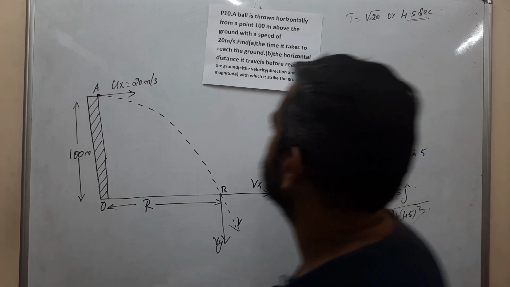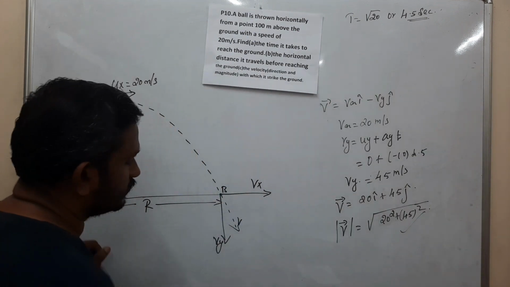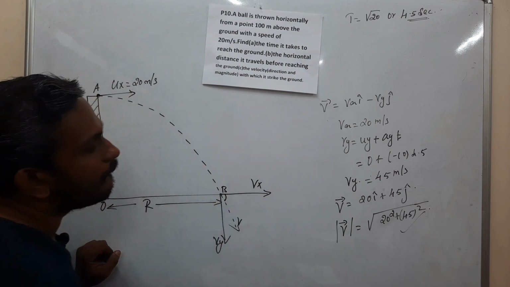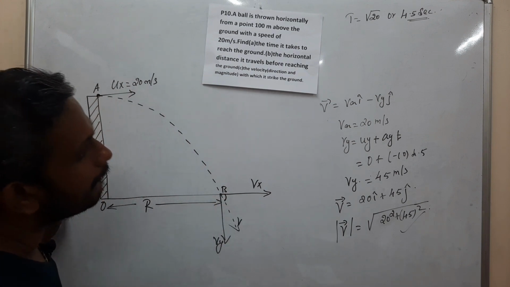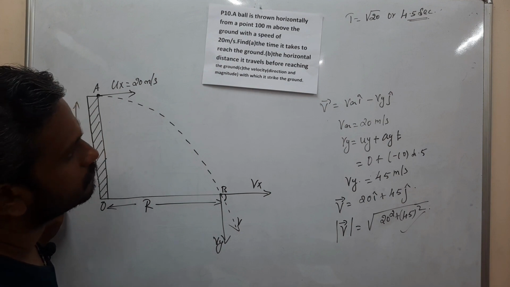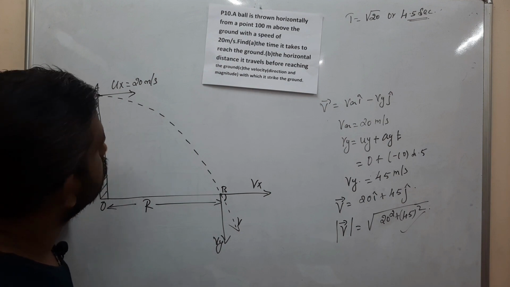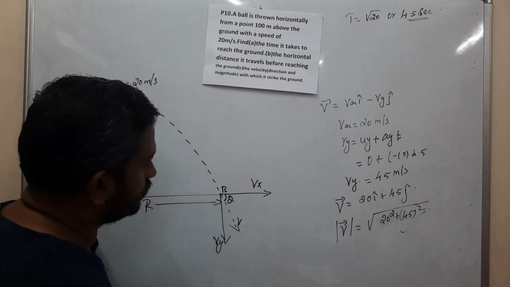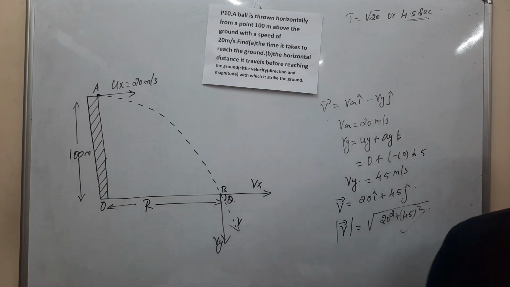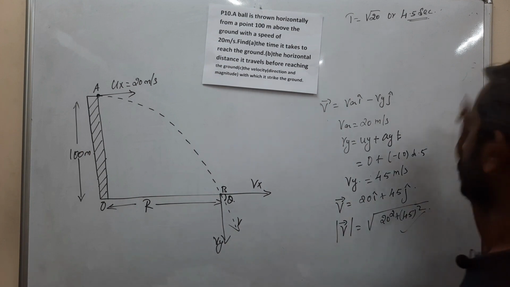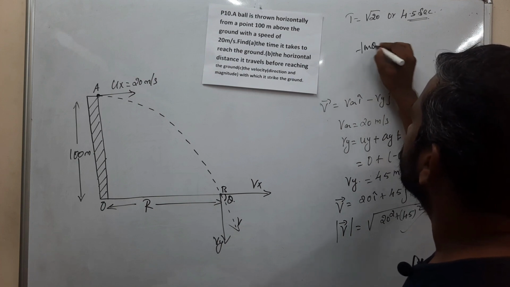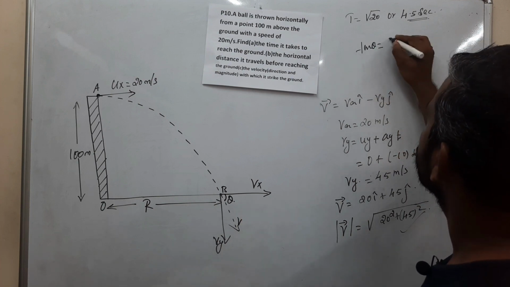Then how much angle is it? So suppose it makes an angle theta. How can we find that? Tan theta is equal to Vy by Vx.